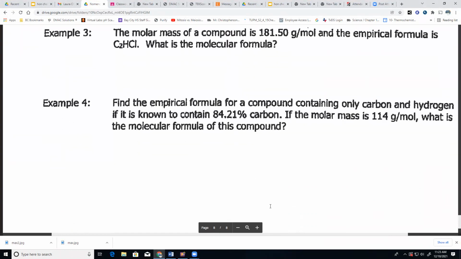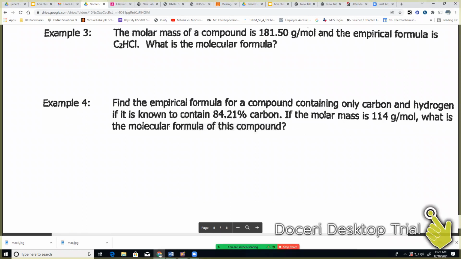All right, let's come down and look at just another molecular before y'all try one. A molecular that's not dependent on something else that you calculated. So this one says the molar mass of a compound is 181.50 grams per mole. So that's the molar mass of my whole compound.